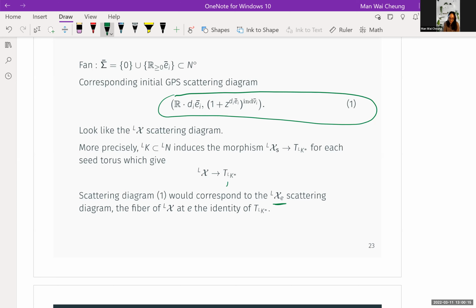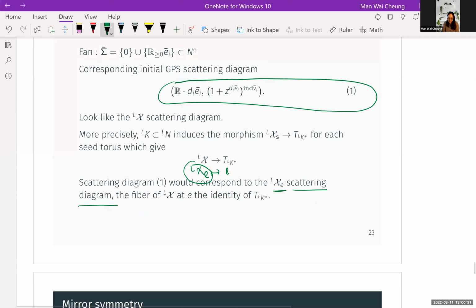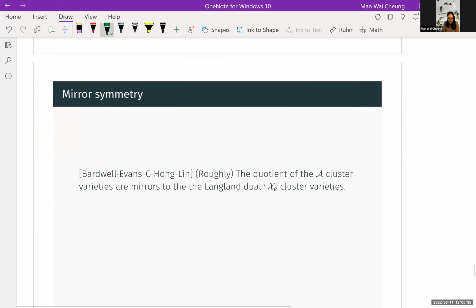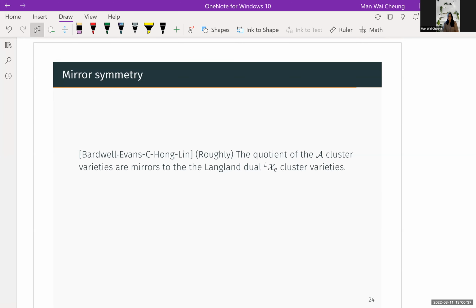Here we look at the identity, then we can look at the Lagrangian X of e, and this scattering diagram will give the Lagrangian X scattering diagram at the identity, or the fiber of the identity. So this is what we established with all the technical details we went through with Sam Bardwell-Evans, Hansol Hong, and Yu-shen Lin.